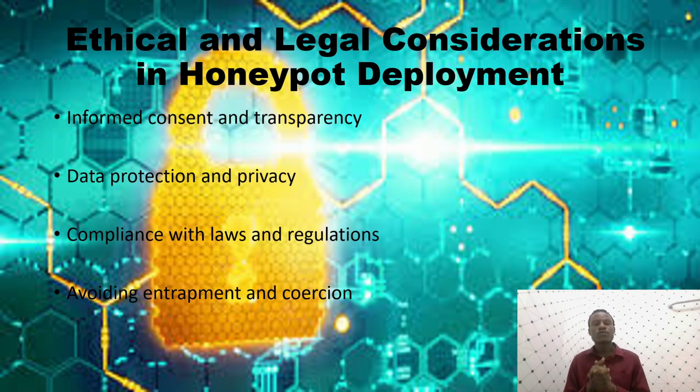Those using the network should be anonymous. They shouldn't be known. The attacker should also remain anonymous. So this is some of the legal considerations before trying to deploy a honeypot in the cloud.